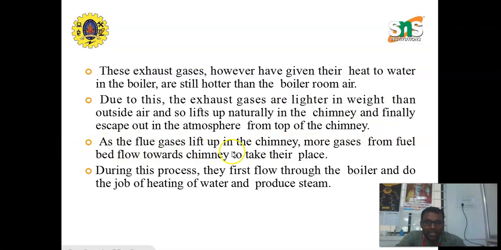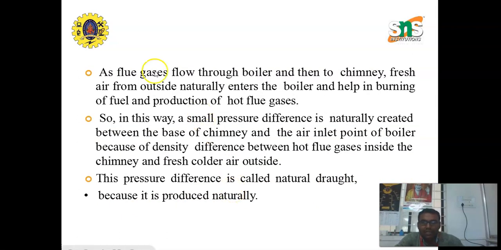As the flue gases lift up in the chimney, more gases from the fuel bed flow towards the chimney to take their place. During this process, they first flow through the boiler and do the job of heating water and produce steam. Next, as flue gases flow through the boiler and then to the chimney, fresh air from outside naturally enters the boiler and helps in burning of fuel and production of hot flue gases.